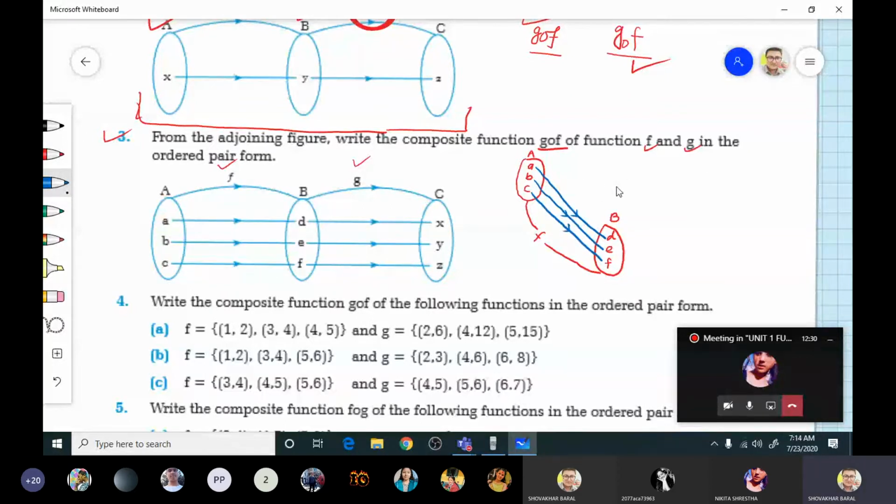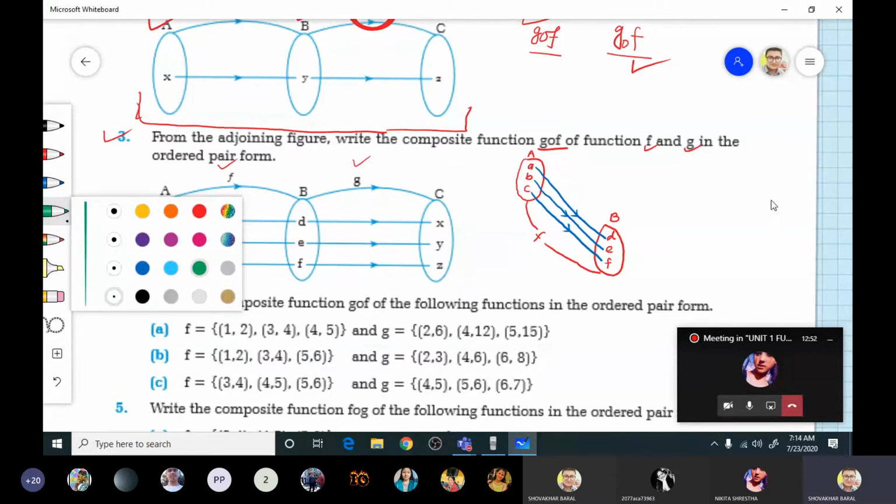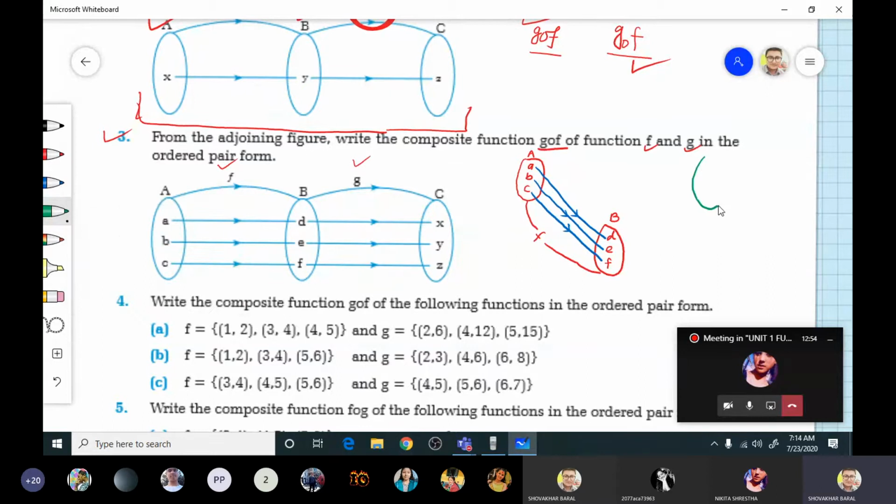And then there is another set C, that is mapped in case of function g. Let me select a smaller pen. There is a set C. This is actually the range of the second function g.